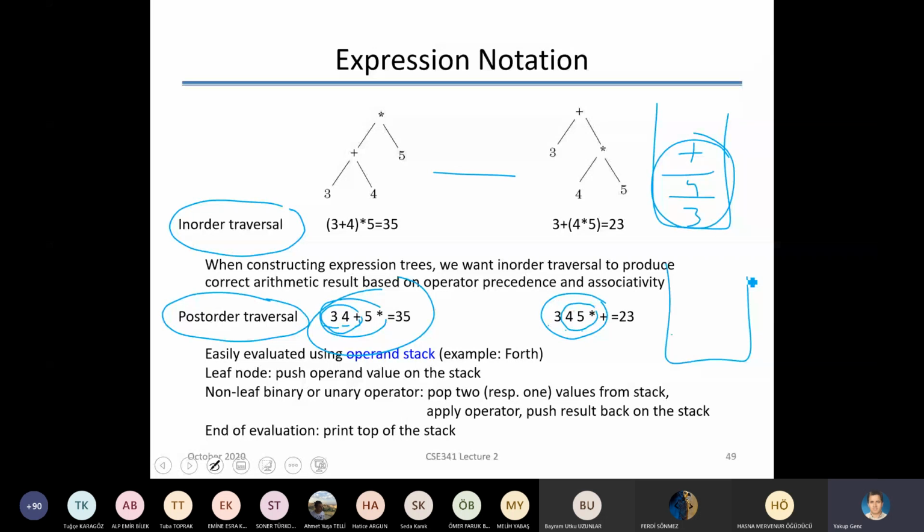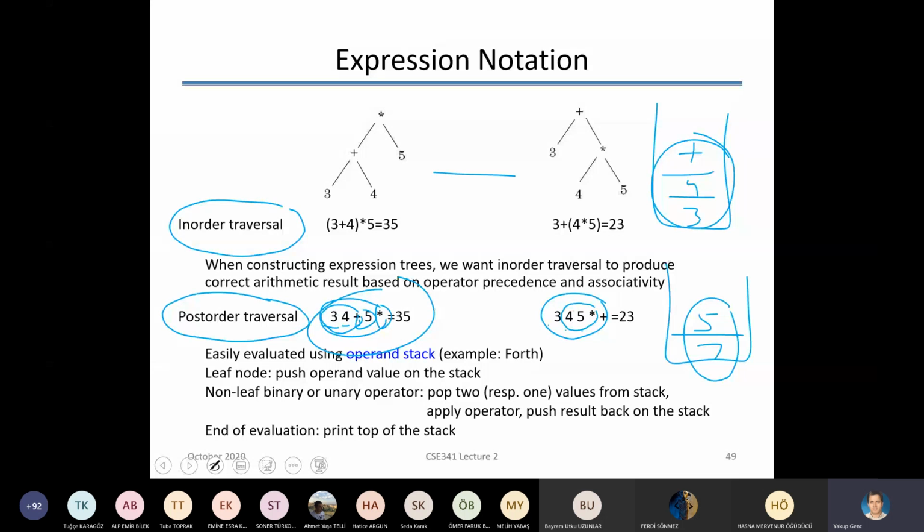So you can see that if I have the abstract syntax described in this notation, then I can easily do this calculation. And this is a very, very simple stack, right?